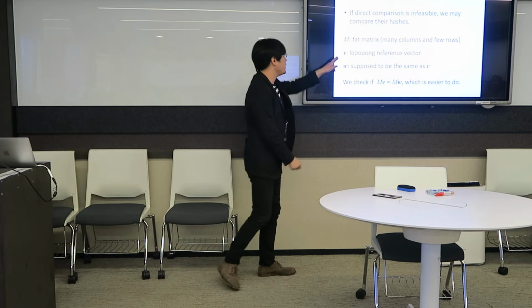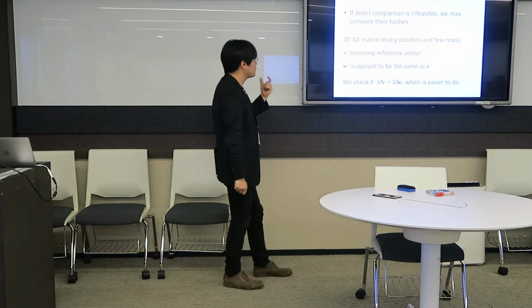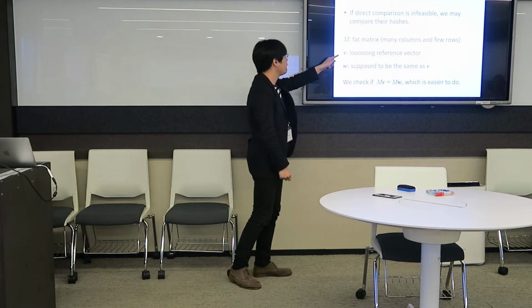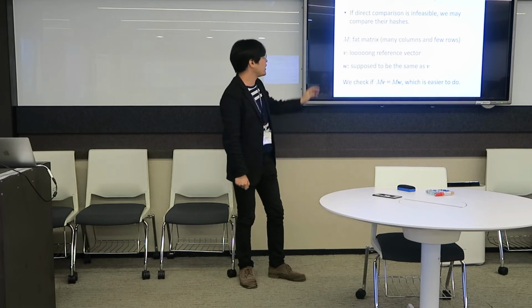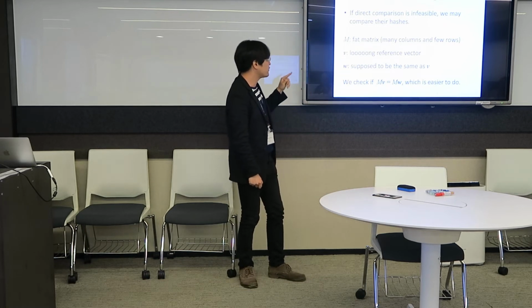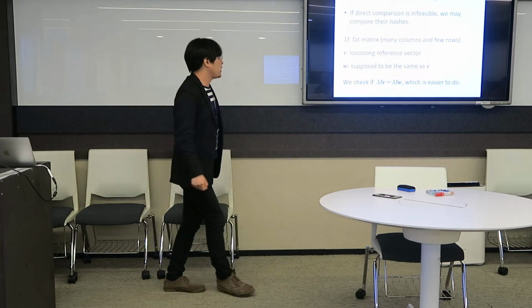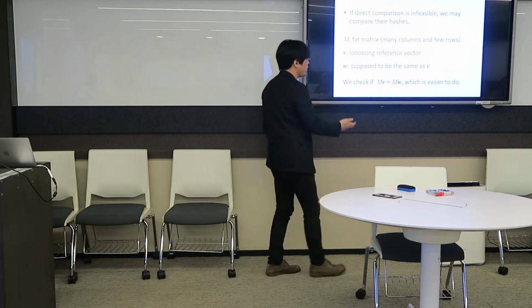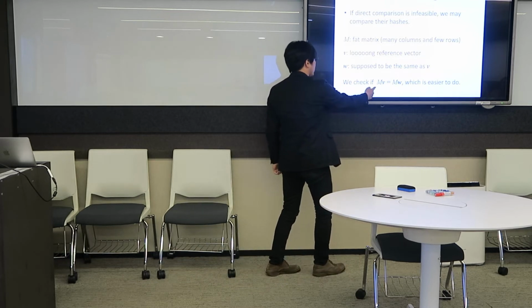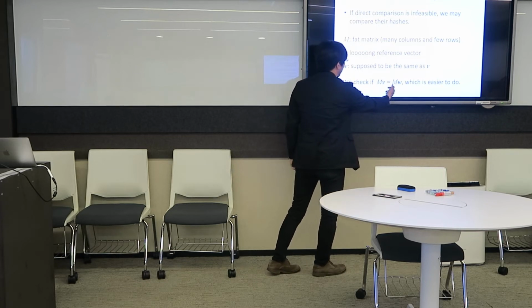And V is a long reference vector, which is always correct but too long. The length of V has to be the same as the number of columns of M. And W is the one which is supposed to be the same as V, but could be wrong. So instead of checking V and W directly, we check whether the product between M and V equals the product between M and W.